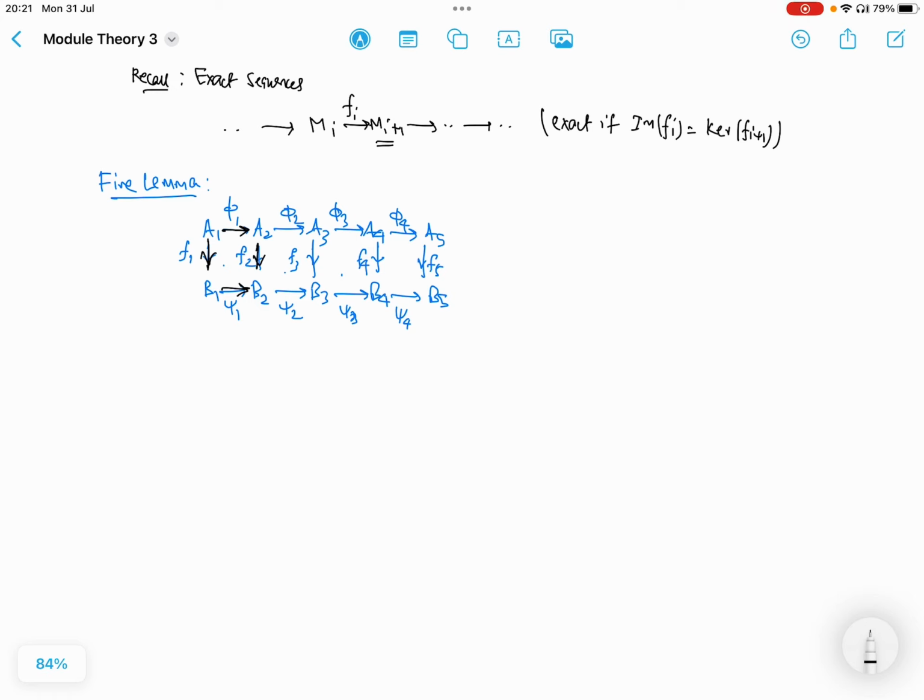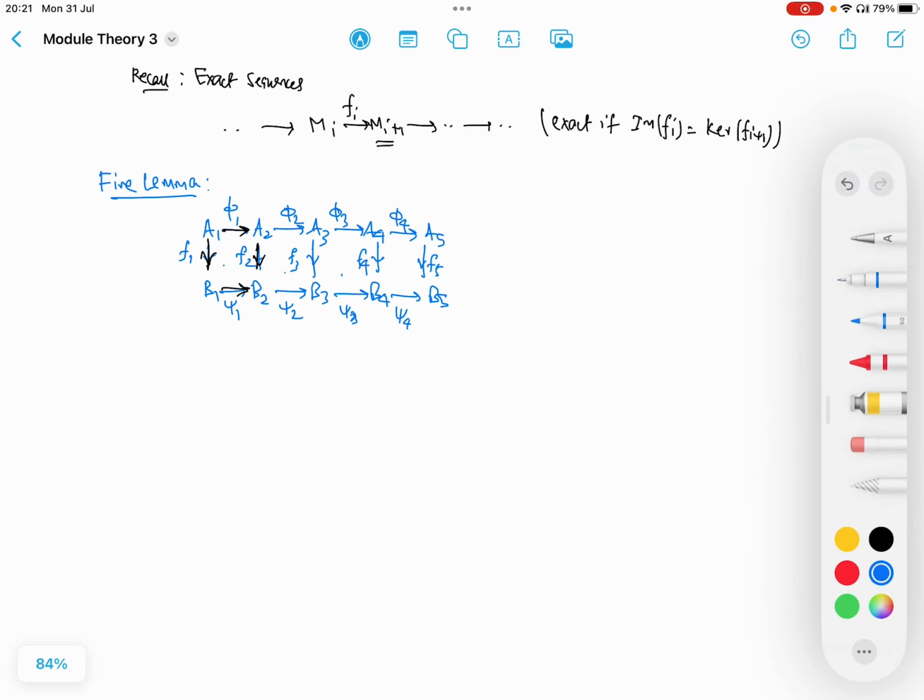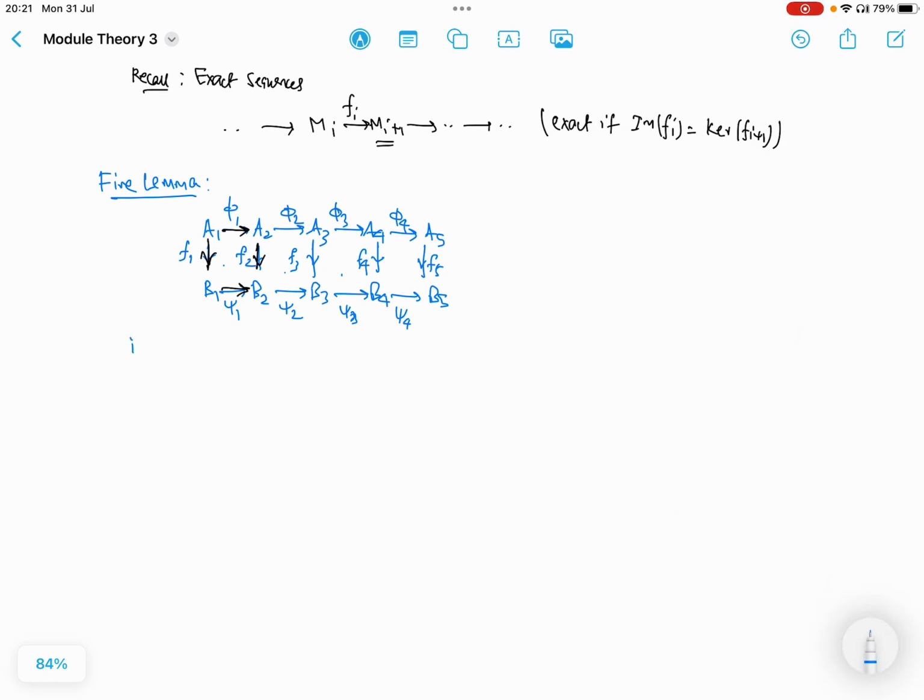Okay, so now the first part of this lemma says that suppose F1 is surjective, and moreover F2 and F4 are injective.